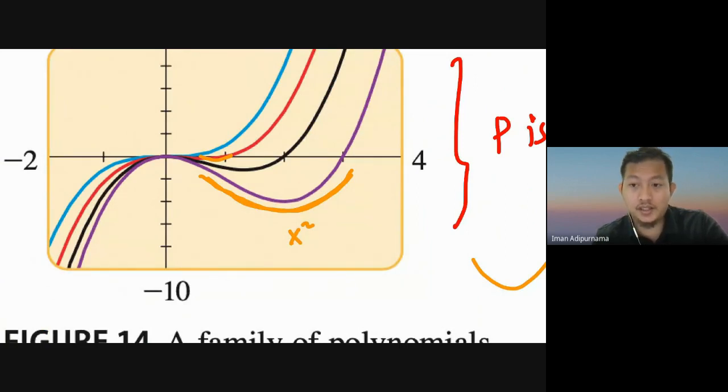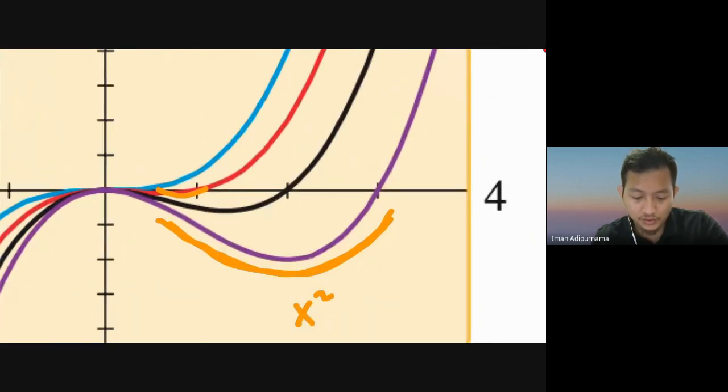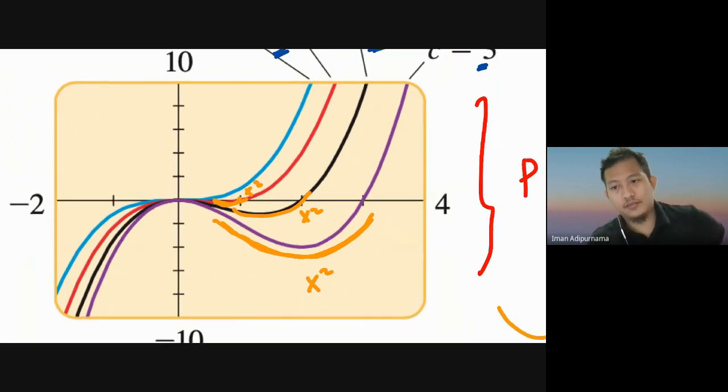So if you mix a graph, then you will have at least some behavior of that part of the graph in your whole picture. So this is actually the x squared that is part of the whole cubic, or the whole polynomial of degree 3, okay.